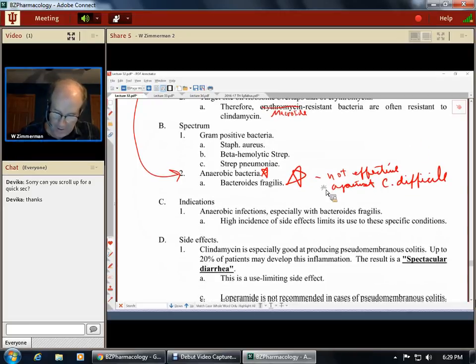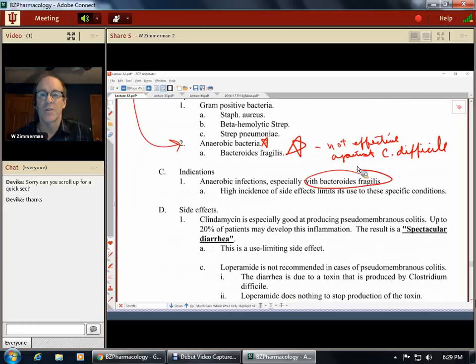But it'll also get Bacteroides fragilis. You'll see a lot of it used in a hospital setting, and it's also given orally. Dentists like it. You get a lot of anaerobic infections in your gums. So this drug is especially good at causing the overgrowth of Clostridium difficile, and the horrible pseudomembranous colitis.